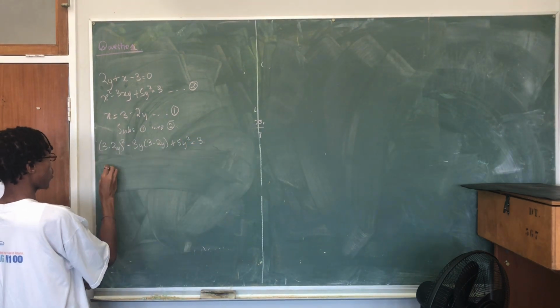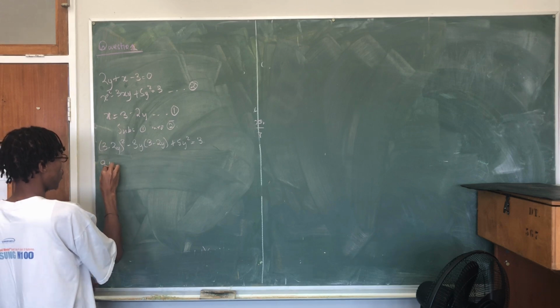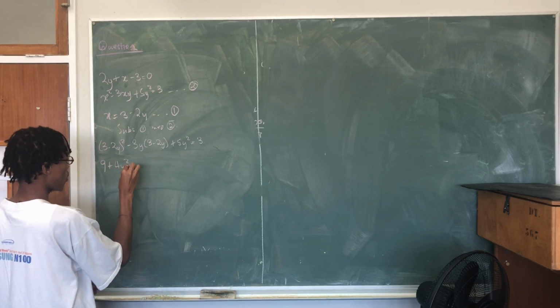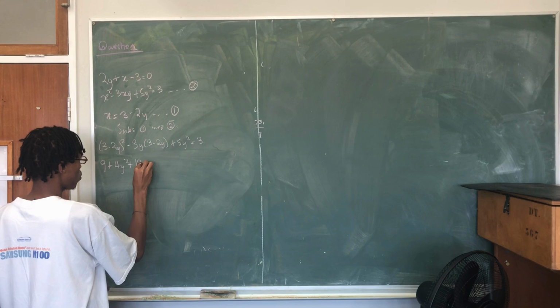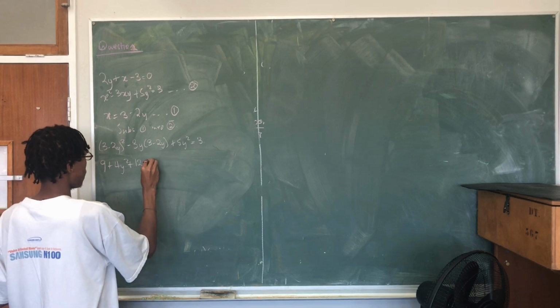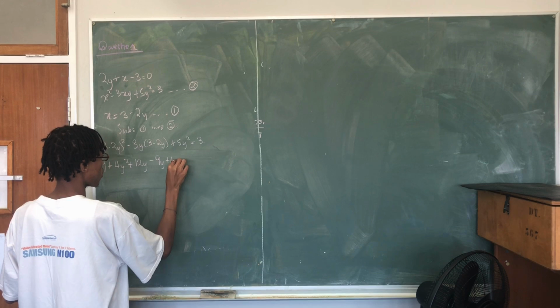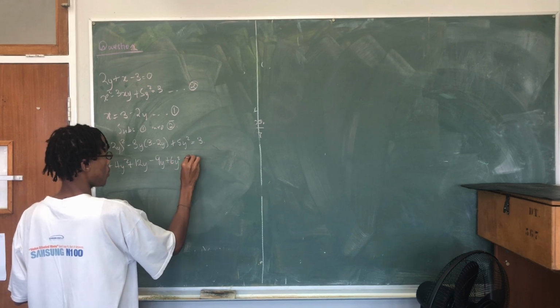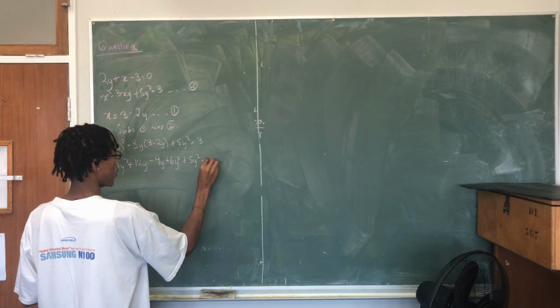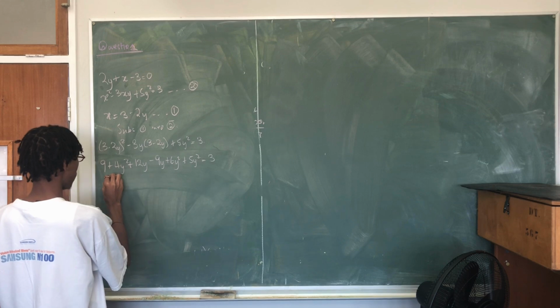Expanding this is going to give us 9 plus 4y squared plus 12y minus 9y plus 6y squared plus 5y squared is equal to 3.